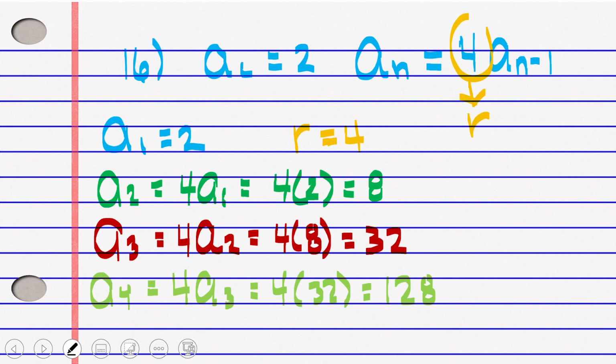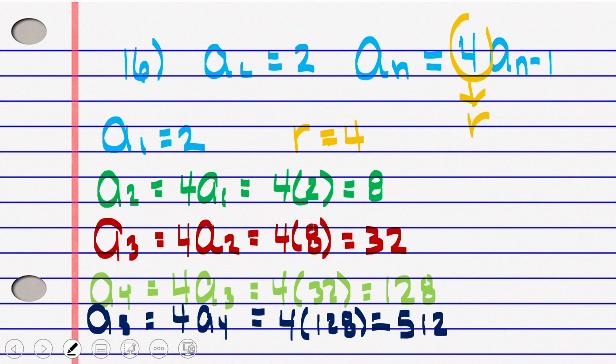And you're asked for 5 terms, I believe, so the 5th term, a of 5, will be 4 times a of 4, which equals 4 times 128. Do some work in your margin, and you're going to get that's equal to 512. So you have your first 5 terms from the given formula.